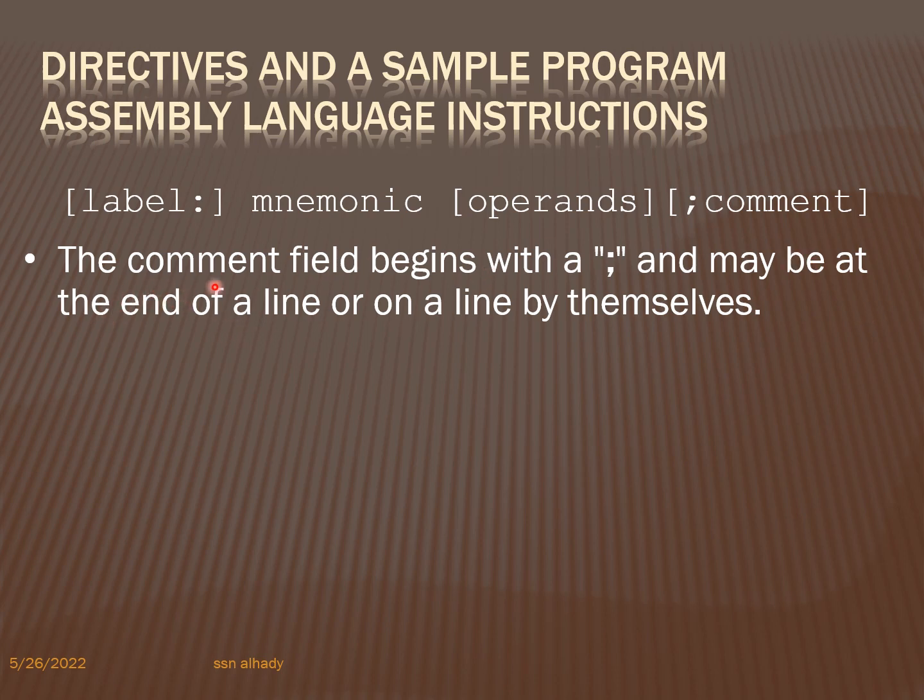Okay, the comment field begins with a semicolon and may be at the end of a line or on a line by itself. In a complete line also you can have a comment. The assembler ignores comments. It means that whatever is written after the semicolon will be ignored and not compiled to machine code, machine language.